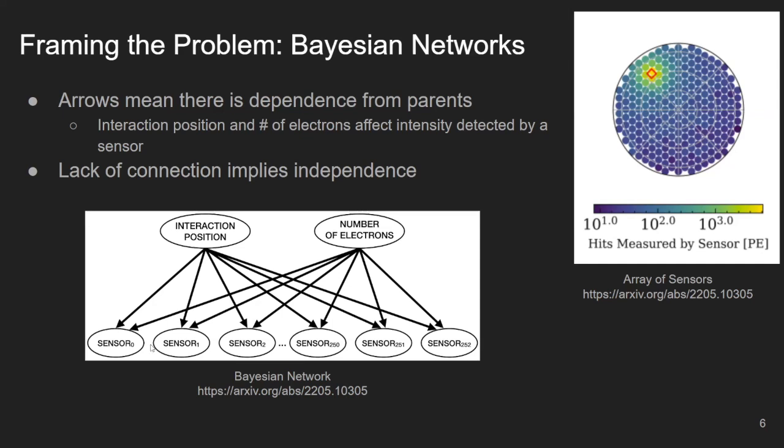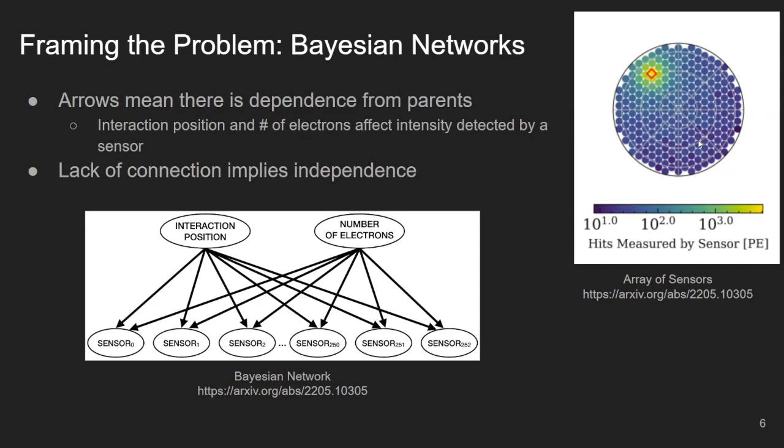And this implies that there's no relationship between the number of electrons sensors detect, but we know that's not true based on their position, because if two sensors are next to each other, they're likely to have detected a similar number of electrons, especially compared to sensors very far away from each other.